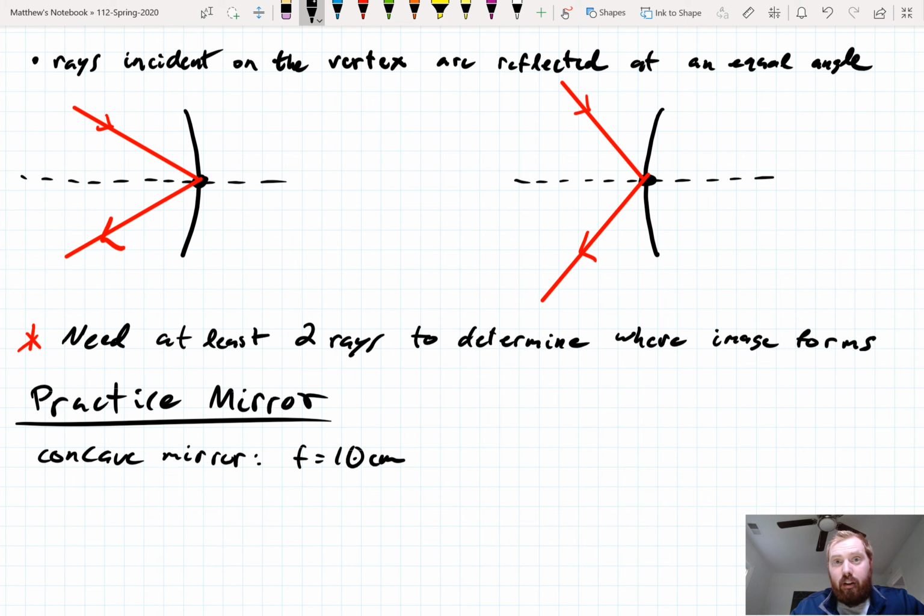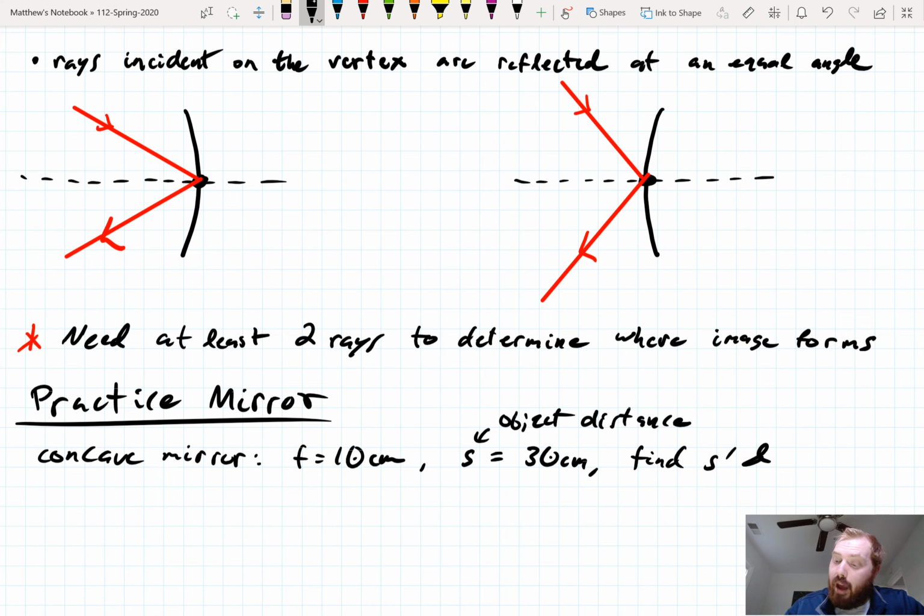F is going to be 10 centimeters. S, that's the object distance. S is going to be 30 centimeters. I want you to find where the image is and the magnification.